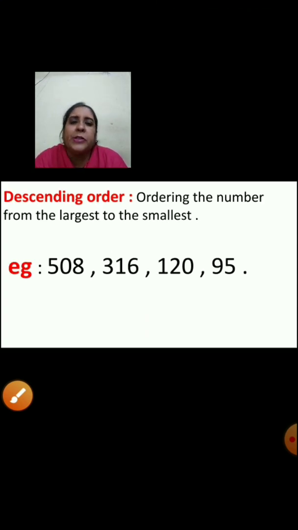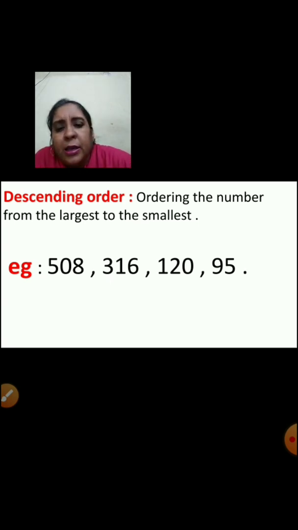Now let us see descending order. Descending order means what? Ordering or arranging the numbers from the largest to the smallest. Here also you can see example, right? 508, 316, 120, 95. These numbers are given.